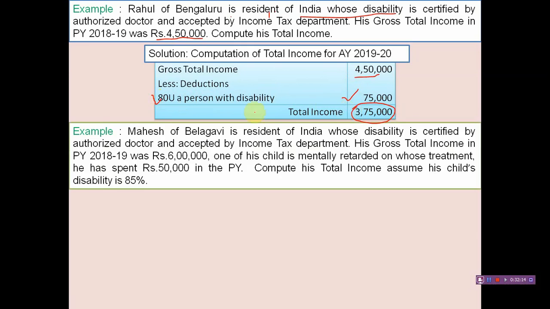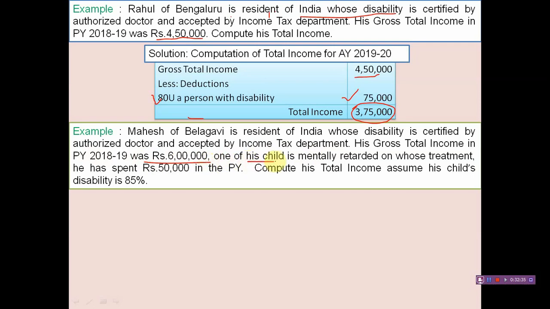3,75,000. Next example, Mahesh of Belgavi is a resident of India whose disability is certified by an authorized doctor and accepted by the income tax department. His gross total income in the previous year was rupees 6 lakh.